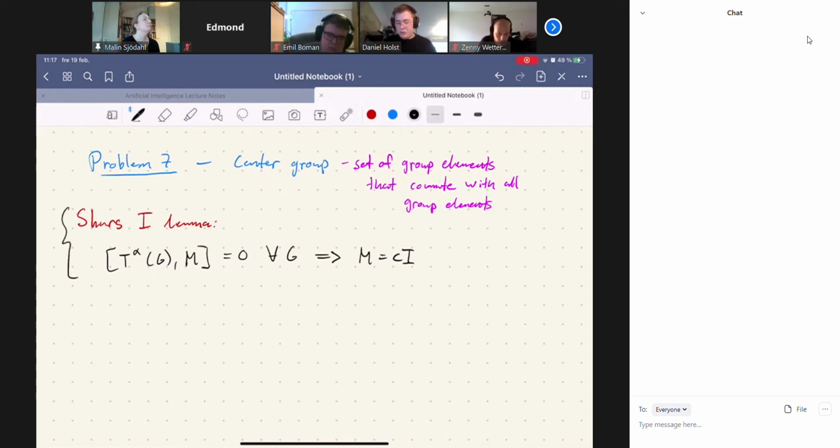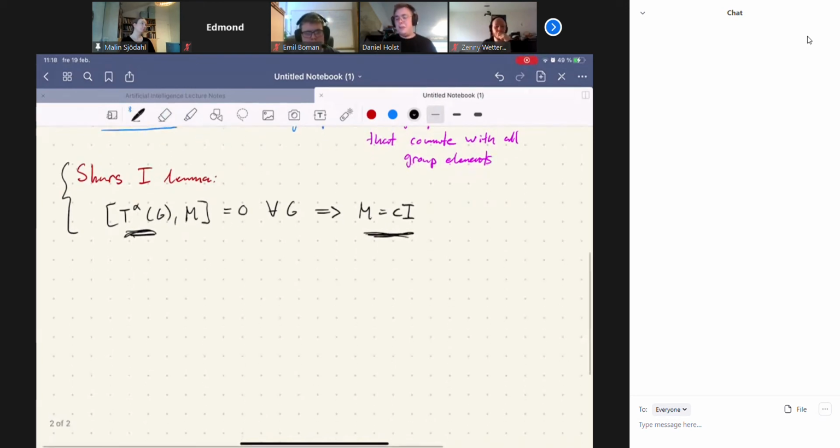Schur's lemma says that if we have an irreducible representation of the group, and we have some matrix M that commutes with this irreducible representation for all group elements, then this M should be proportional to the identity. So we know that all these centers should in some way be proportional to the identity, but then the question is how.